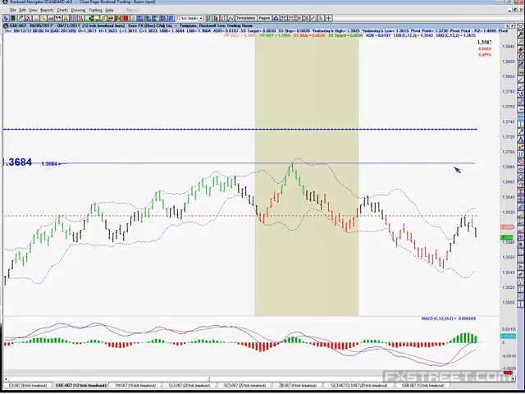And after those attempts, we get back below a support level and we start to drift down. Now, the high of this move was 36.85. So that's 1 pip above the upper daily range.